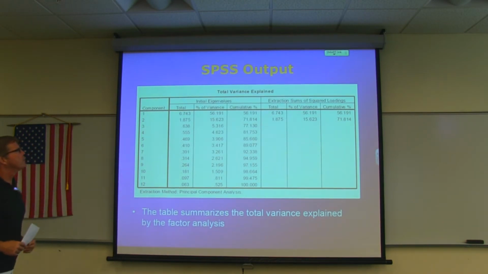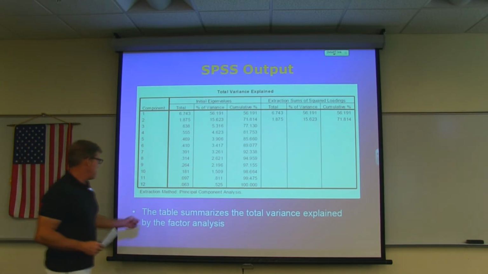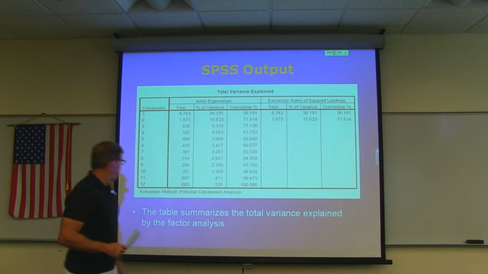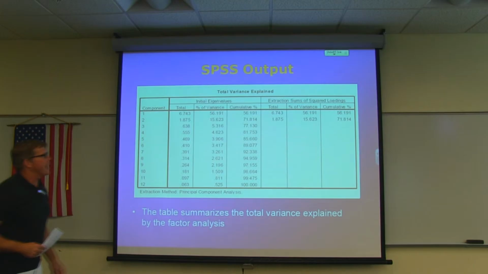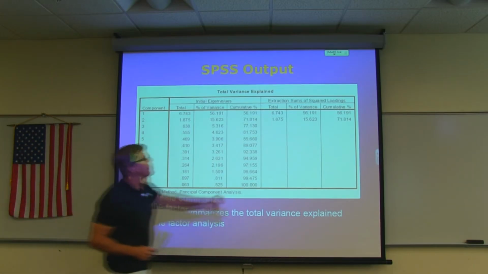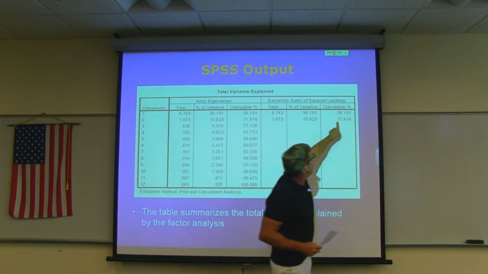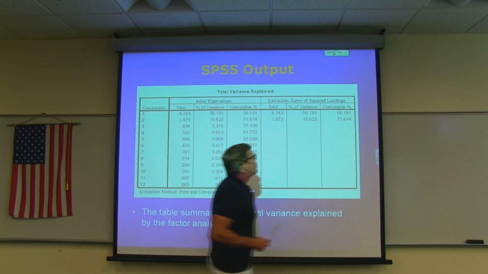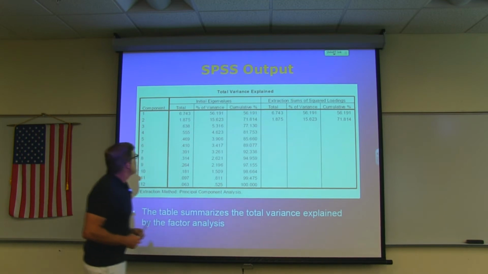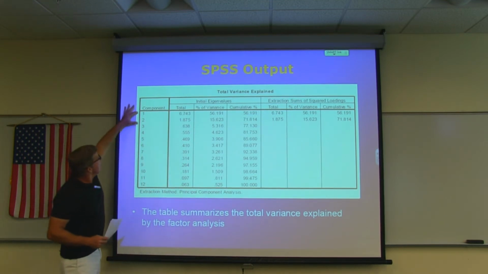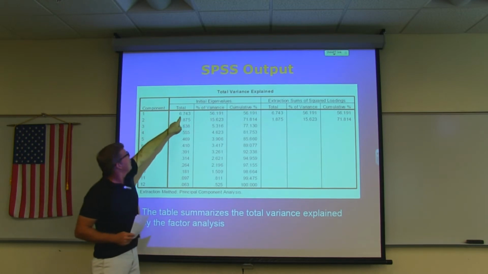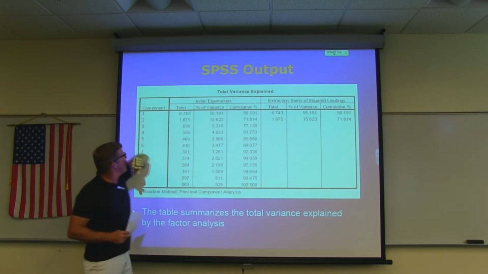The output. Now again, like I said, we're looking for eigenvalues greater than 1. The table summarizes the total variance explained by the factor analysis. Well, we have about 71.814% explained variation, and we have a two-factor solution. See, factor 1, eigenvalue greater than 1.